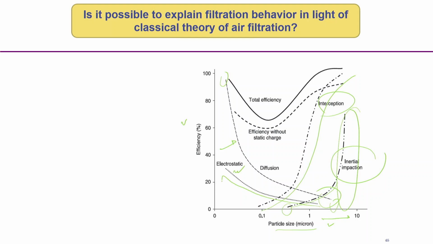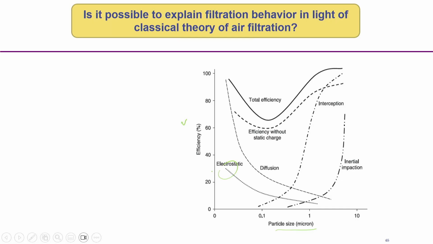Similarly, for electrostatic charge, the lower the particle size, the higher the electrostatic charge effect. But here we can enhance the filtration efficiency only to a certain extent. If we see only the electrostatic charge, considering that no other mechanism is working at this point, we can have typically around 30% maximum, even for a very small particle.